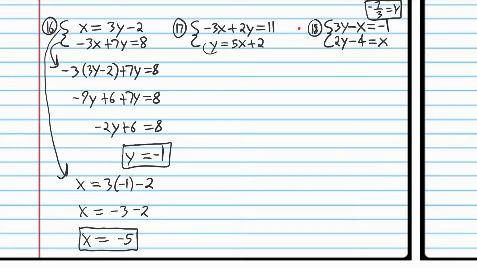All right, we're back. Y is solved for in this equation, so we're going to use the other equation. Except instead of y, we're going to plug in what y equals in the other equation. That would be 5x plus 2.